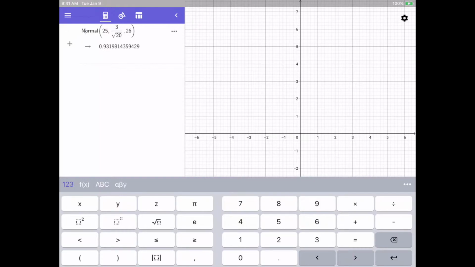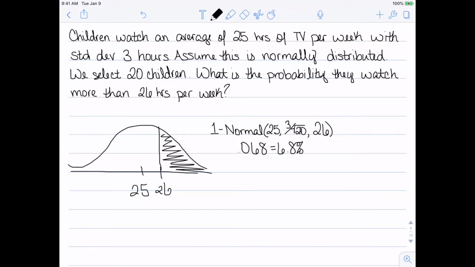Now we actually didn't want this. We wanted 1 minus that, so I'll add the 1 minus at the front. And we get 0.068, or 6.8%. So there's a 6.8% chance these 20 children watch an average of more than 26 hours of TV per week.